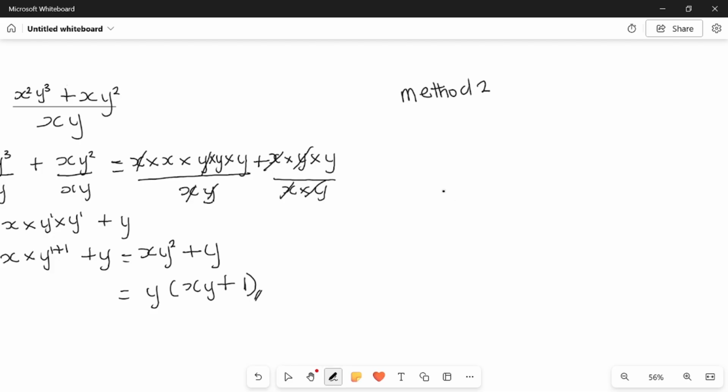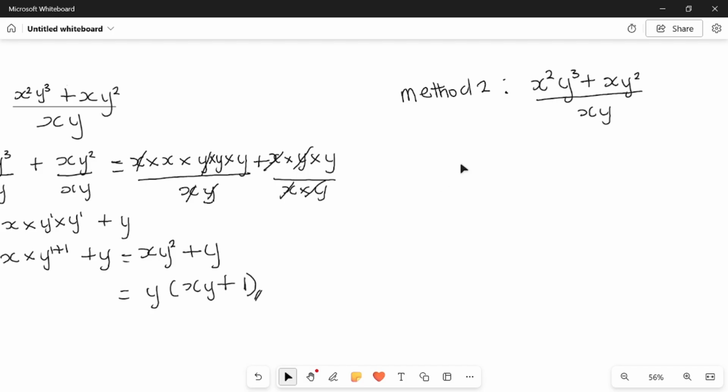For this method 2, x raised to the power 2 y raised to the power 3 plus xy raised to the power 2 over xy.